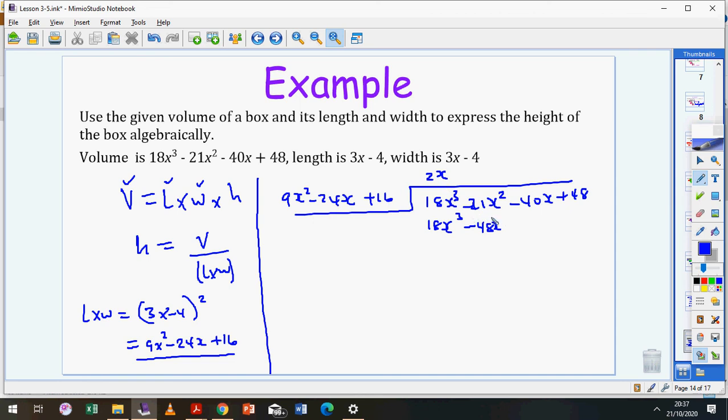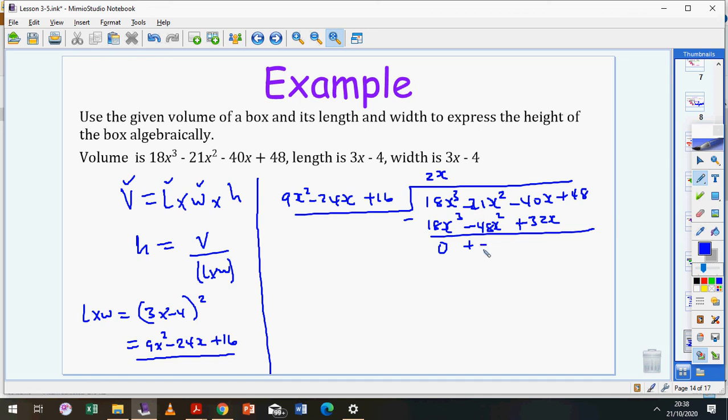And 2x times 16 is 32x positive. Subtract.